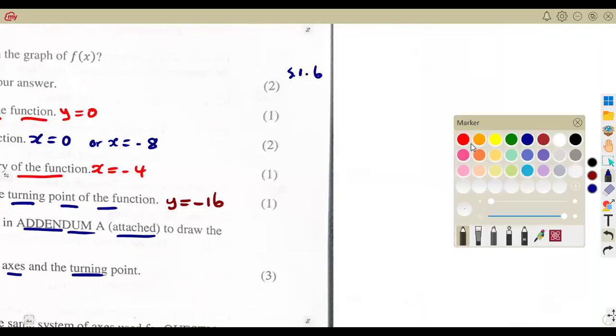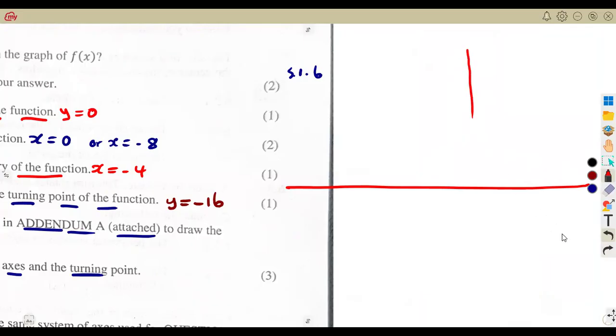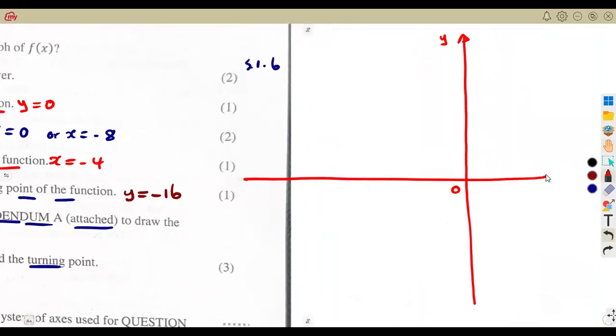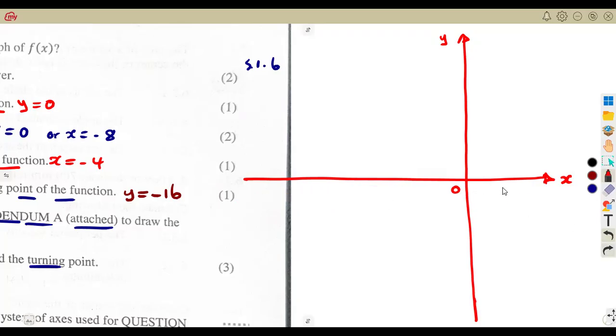So remember your graph, guys, you are going to have definitely your y-axis and x-axis. Let's say I've got our x-axis here. This graph is more to the negative, so let me have more values on the negative side. That's 0 there. That's our y-axis, this is our x-axis. I do not know, according to your addendum, how you were given the scale for x, but here I'm just going to use 2, 4, 6, minus 2, minus 4, minus 6, minus 8, minus 10.